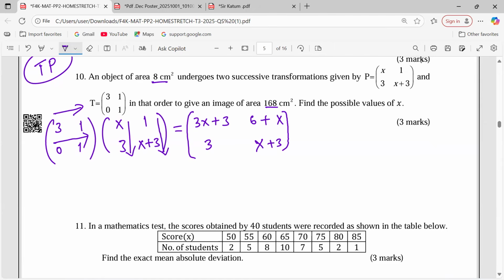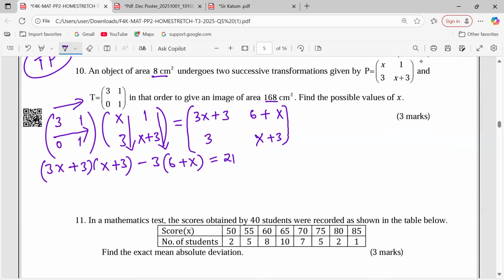So we will say 3x plus 3 multiplied by x plus 3, minus 3 into 6 plus x, equals the area scale factor, 168 over 8, which is 21.